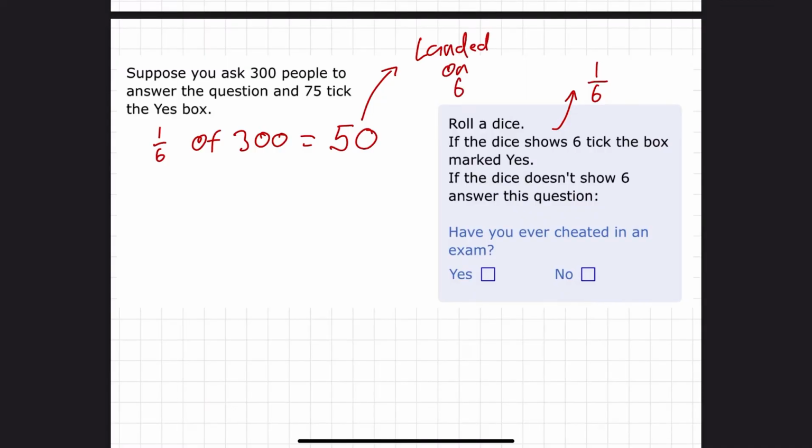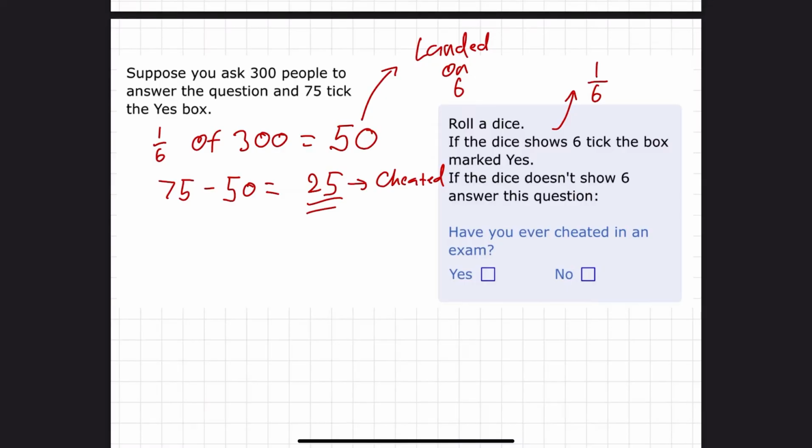We know 75 people ticked yes, so if I do 75 and take away my 50, what we're estimating is that 25 people have cheated in an exam, because we're getting rid of the sixth chance. The sixth of the 300 people who we're expecting to have just landed on a 6 and ticked yes anyway. So we'd have 25 left over who we think actually cheated.